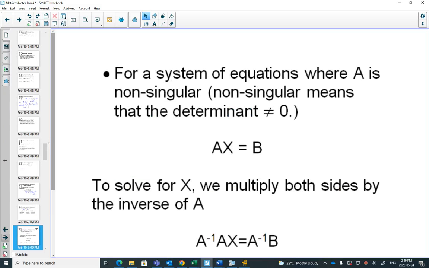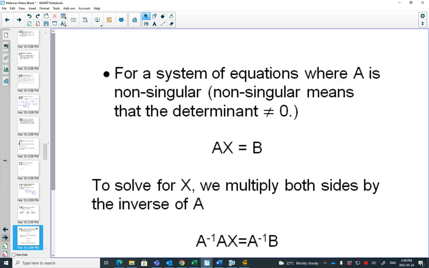Now, using your inverse, what you basically have is a matrix A times your variable matrix equal to a matrix B. If I want to get rid of that matrix A in front, just to get my variables by themselves, I would have to multiply by A inverse. And this is where matrices add a little bit of complication.